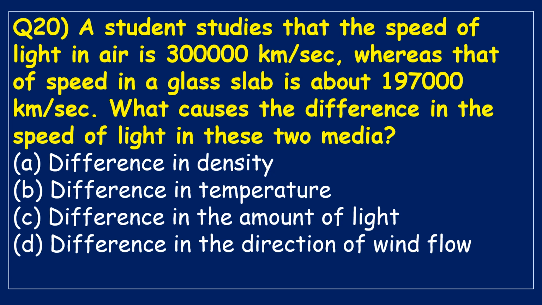If density is more, speed of light is less. That's why in air, since it is a rarer medium, the speed is 3 lakh kilometers per second. But since glass slab is denser, its speed reduces to 1,97,000 kilometers per second. So obviously the speed of light varies with density. Your option is A, density.